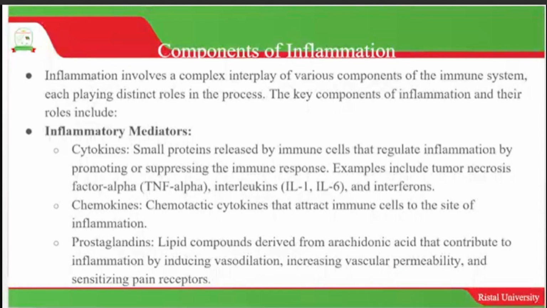A case in point is when we have autoimmune disorders, we need immune suppressants to prevent excessive damage. Examples include tumor necrosis factor alpha, the ones we call TNF alpha. We have interleukins and interferons.